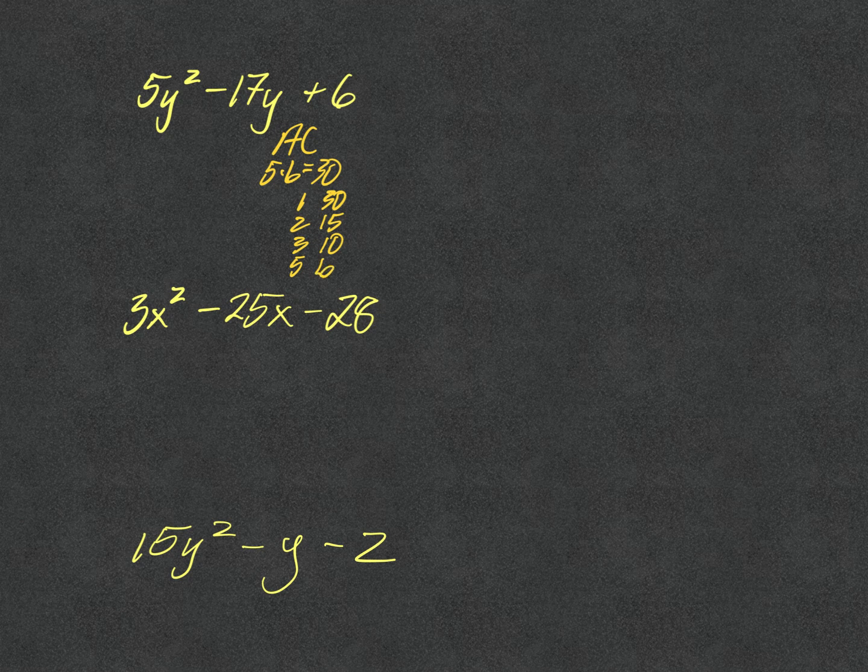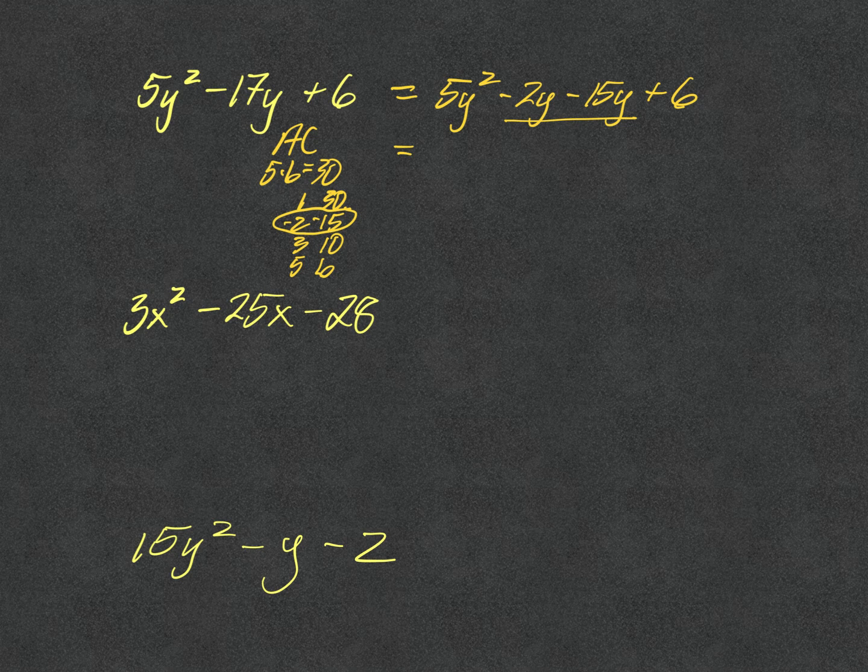And I am looking at the 2 and the 15 because they add to 17. And they'll both have to be negative in this case because you want it to add to negative 17. So therefore, I can write this problem as 5y squared minus 2y minus 15y plus 6. There's our negative 17y right there.